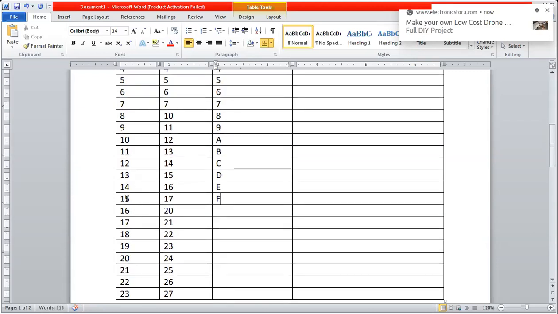So the 15 in decimal number is equivalent to the F in hexadecimal number. Okay.